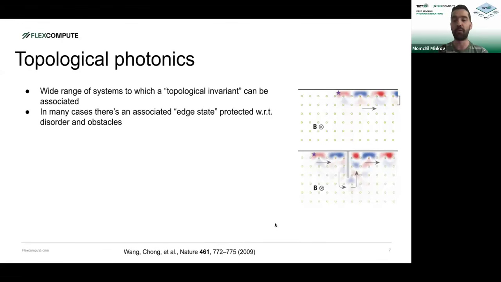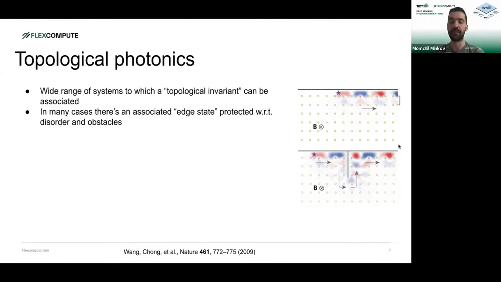But overall, usually the reason they're called topological is that there is some sort of topological invariant that can be associated with the system. I'm not going to go into detail about that, but one reason why they have also been very interesting is that often there's an associated edge state, which is a state that exists at the interface between a topological system and a trivial system, for example air or a PEC sheet, which is guided along this edge and also immune with respect to imperfections or obstacles, as is shown here.